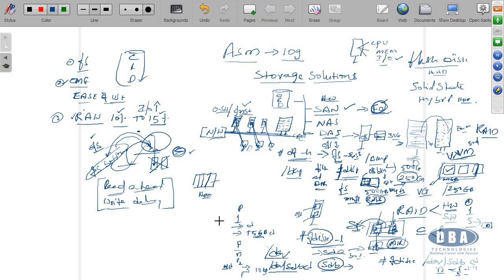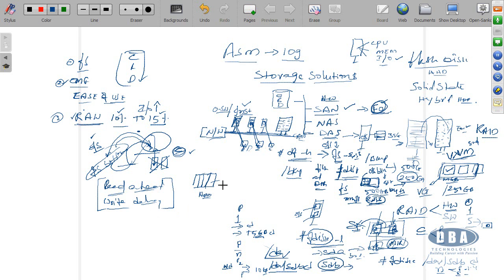After making a partition, what are you doing? mkfs, or maybe during the installation of the operating system itself, when you select ext3, that in turn says this partition must be formatted as ext3. So if you make the partition but do not format it, the partition is a raw partition.